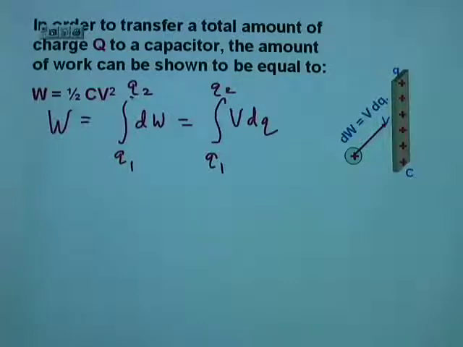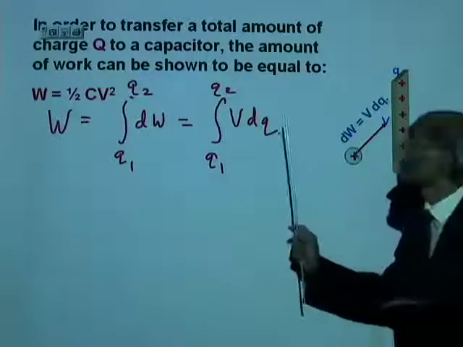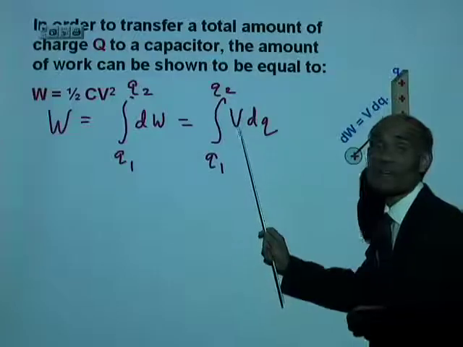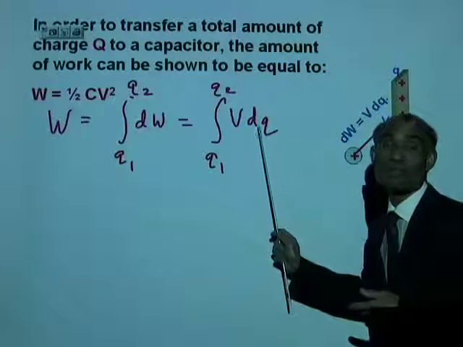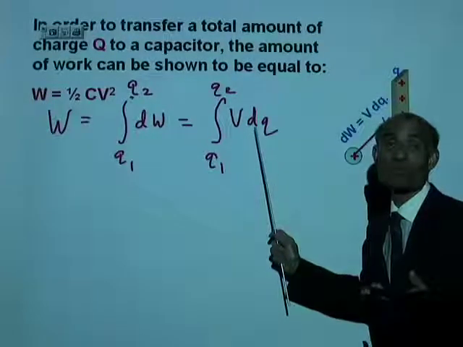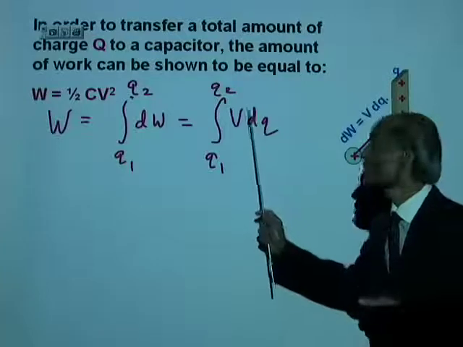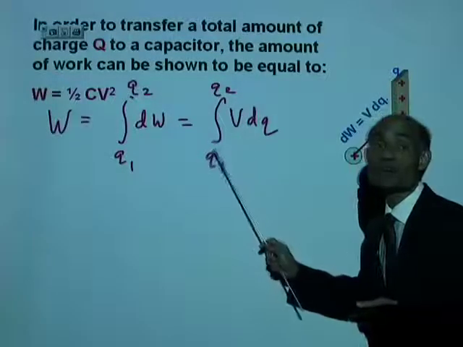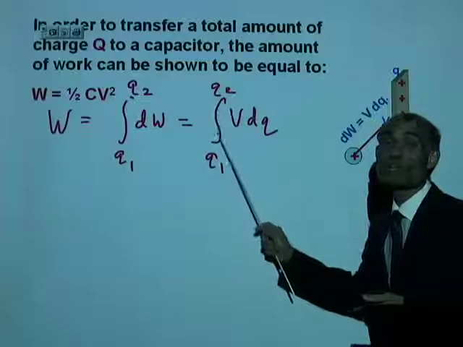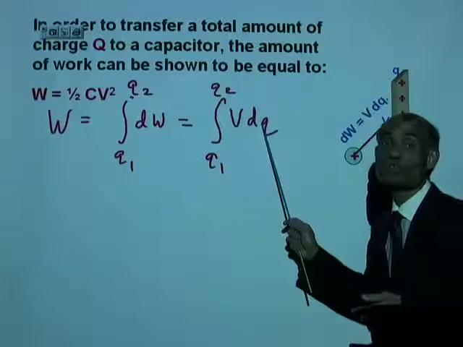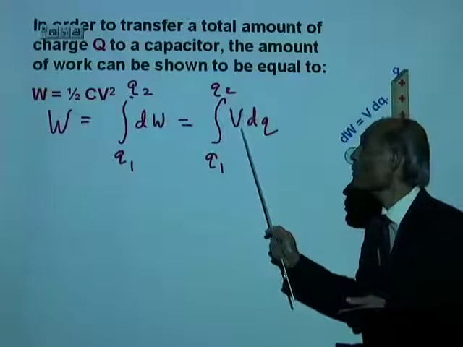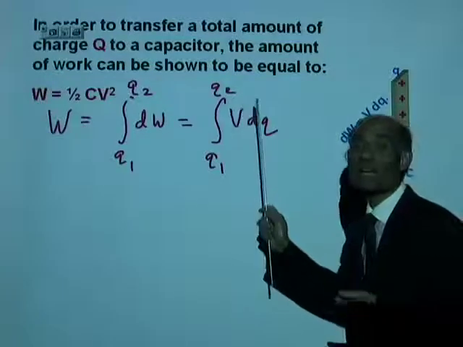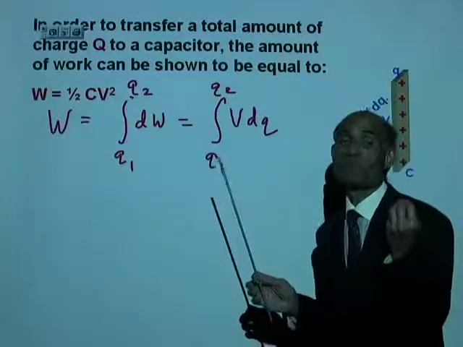Now, in order to work out this integral, you know that V is a variable, Q is a variable. You cannot have two variables when you want to integrate. So what we need to do is replace this V in terms of Q, because we are going to integrate with respect to Q. Can you give me a quantity which I can replace V by?